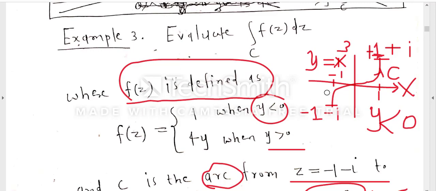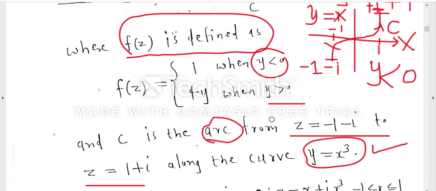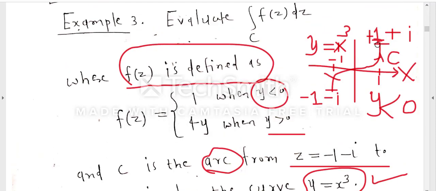If z is in this part of the arc, then f of z is 1. If z is in this part of the arc, then f of z is 4y. So I have to break this curve y equal to x cube into two parts: from -1 minus i to 0, and 0 to 1 plus i.